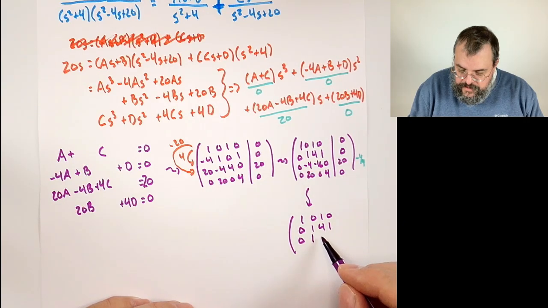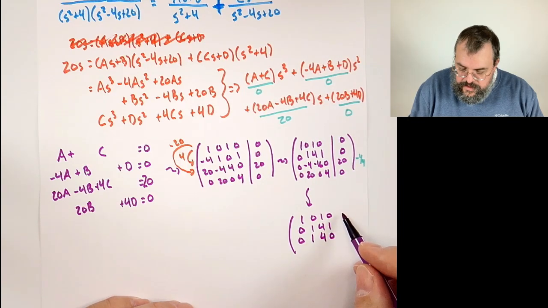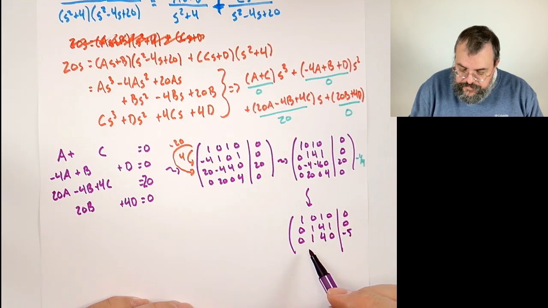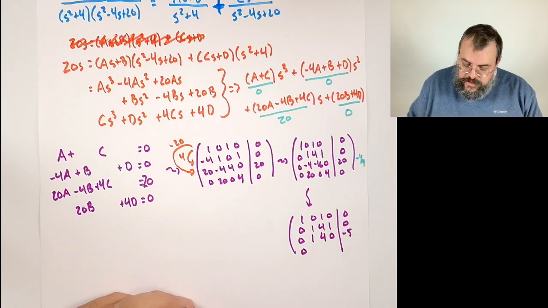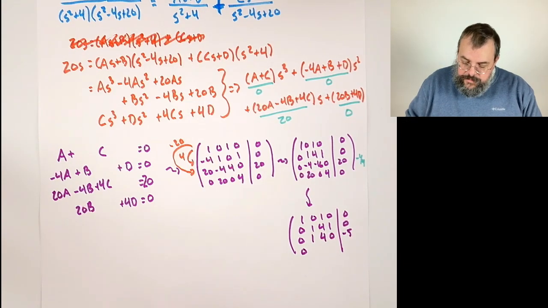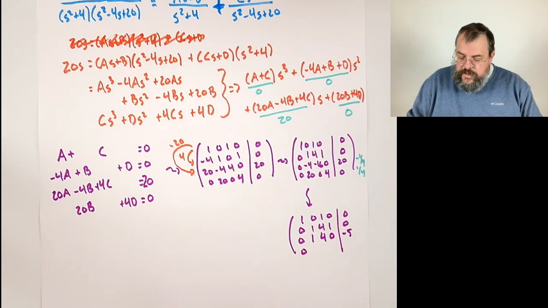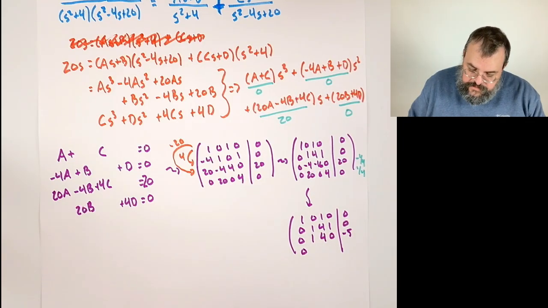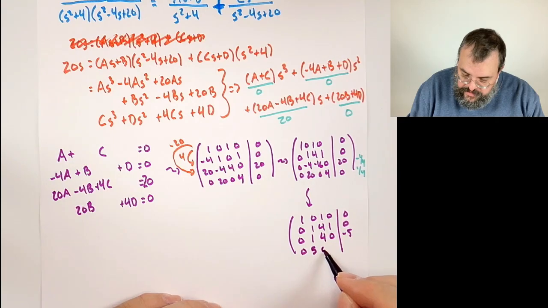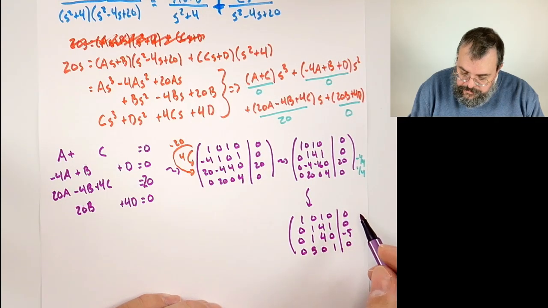And then we have 4 and 0 and 0, 0, negative 5 and 0. And while we're at it, let's multiply this row by 1/4 as well. And so 0, 5, 0, 1, 0.